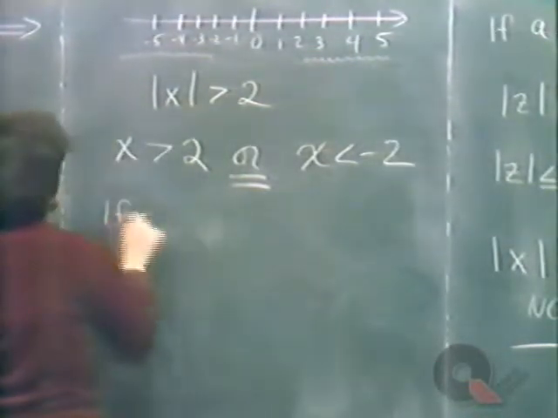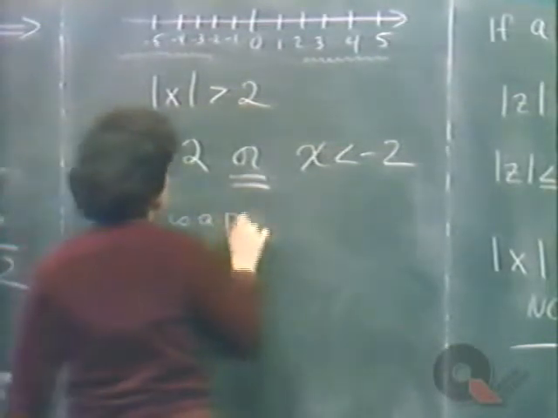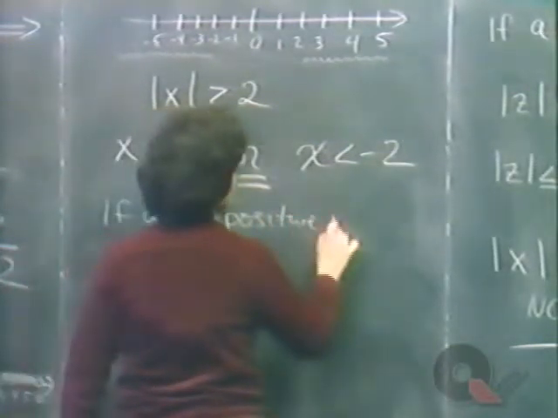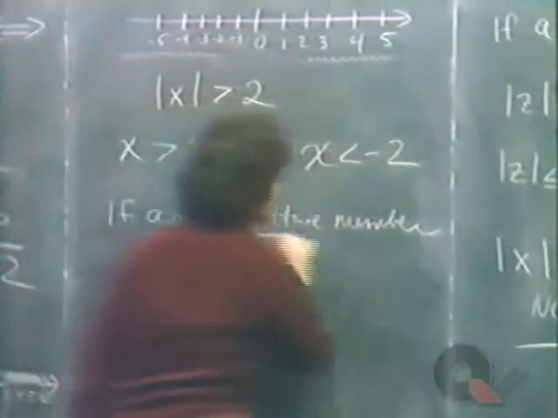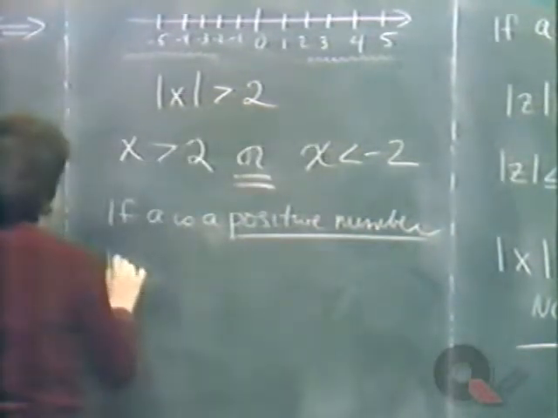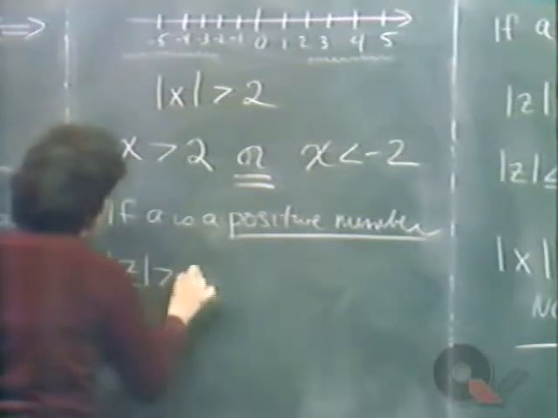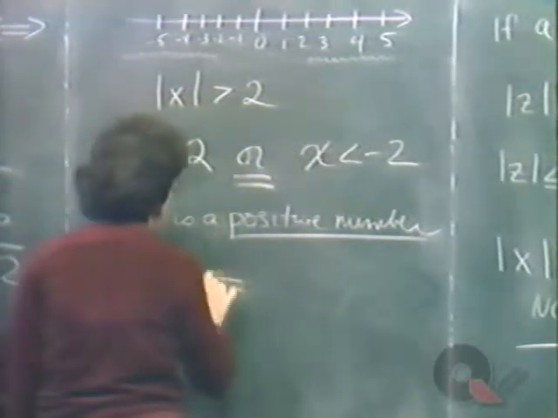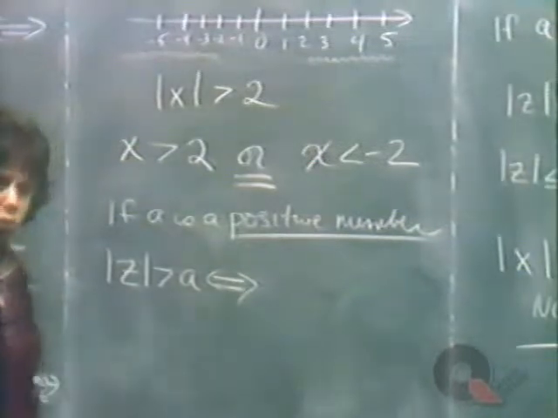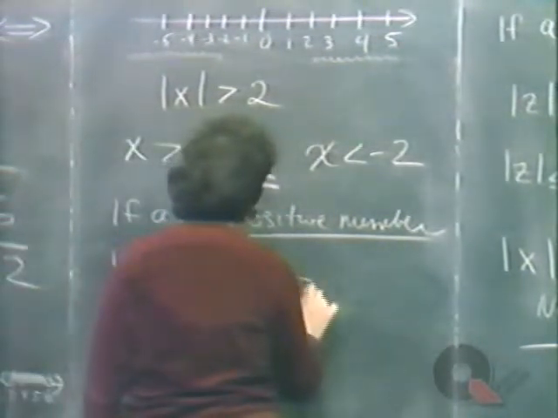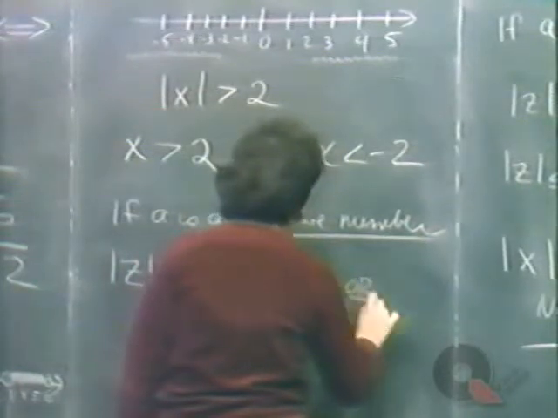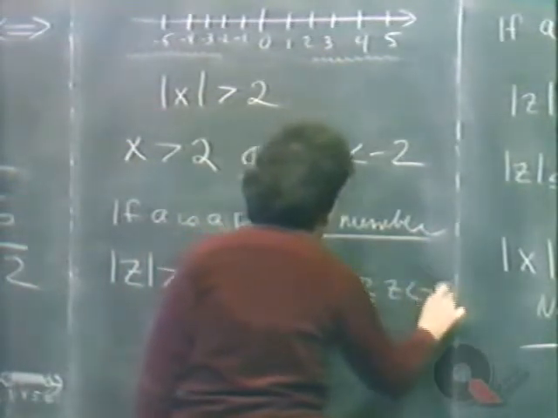Once again, if a is a positive number, the absolute value of z is greater than a can be replaced by the following two inequalities without absolute values: z is greater than a, or z is less than minus a.